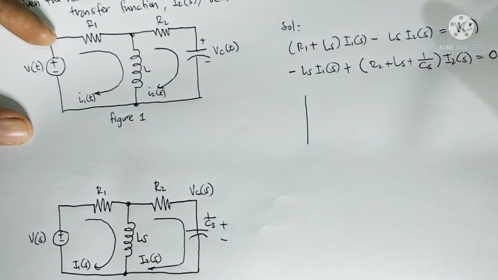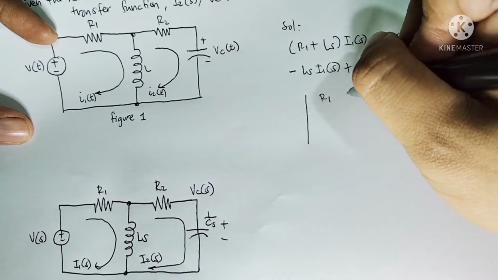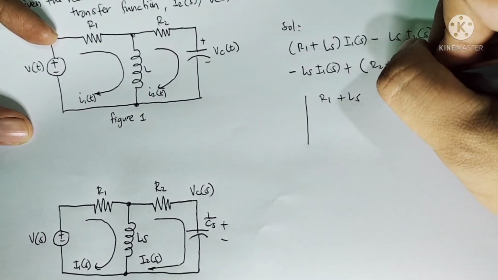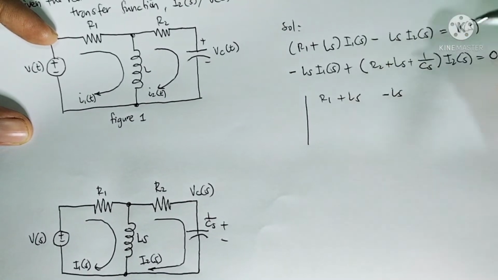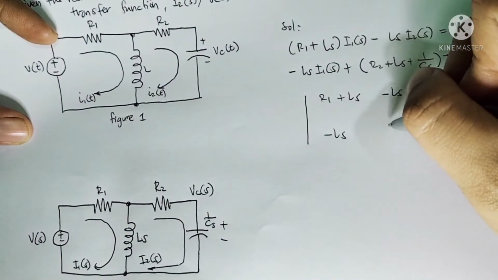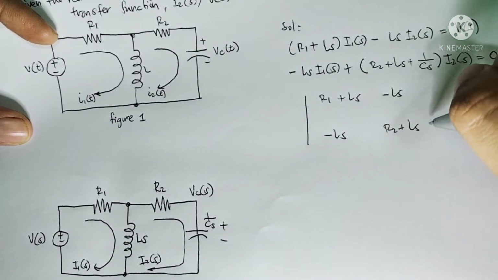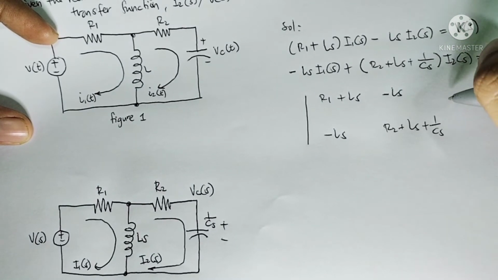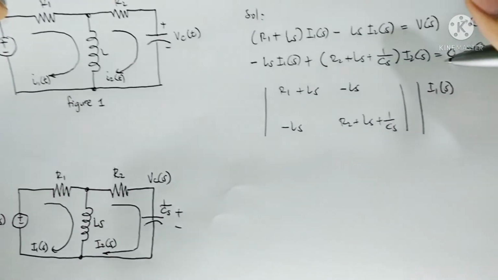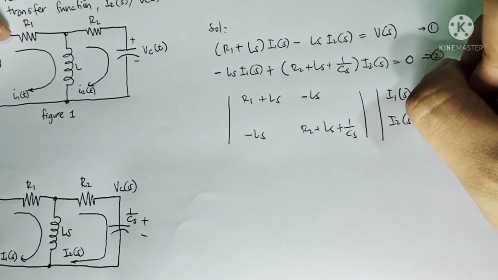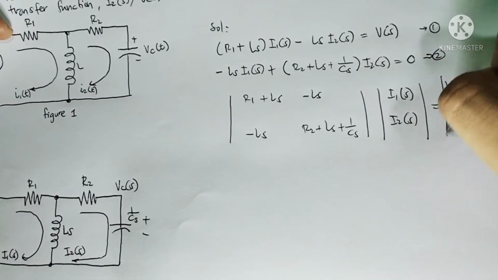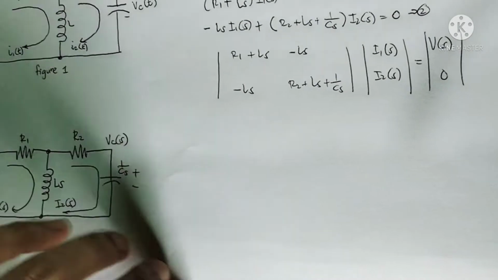In matrix form, this will be R sub 1 plus Ls, then minus Ls, then minus Ls, and R2 plus Ls plus 1 over Cs, times I sub 1 as a function of S and I sub 2 as a function of S, equal to V as a function of S, and then 0. So this is in its matrix form.